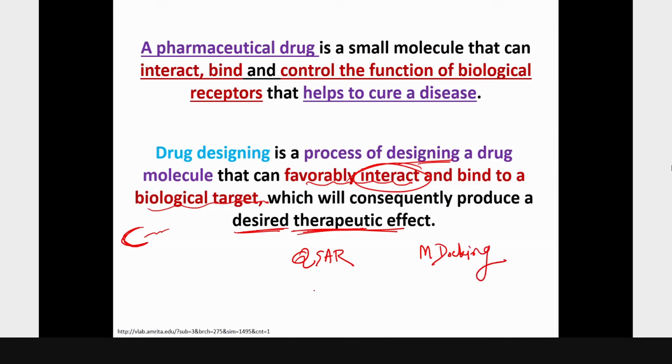In QSAR, you had your pharmaceutical compounds, from which you estimated the descriptor values, and using these you estimated your criteria for screening activity value. Now in molecular docking, we have a receptor, something is binding to it, and we are trying to calculate some screening criteria related to the binding strength.